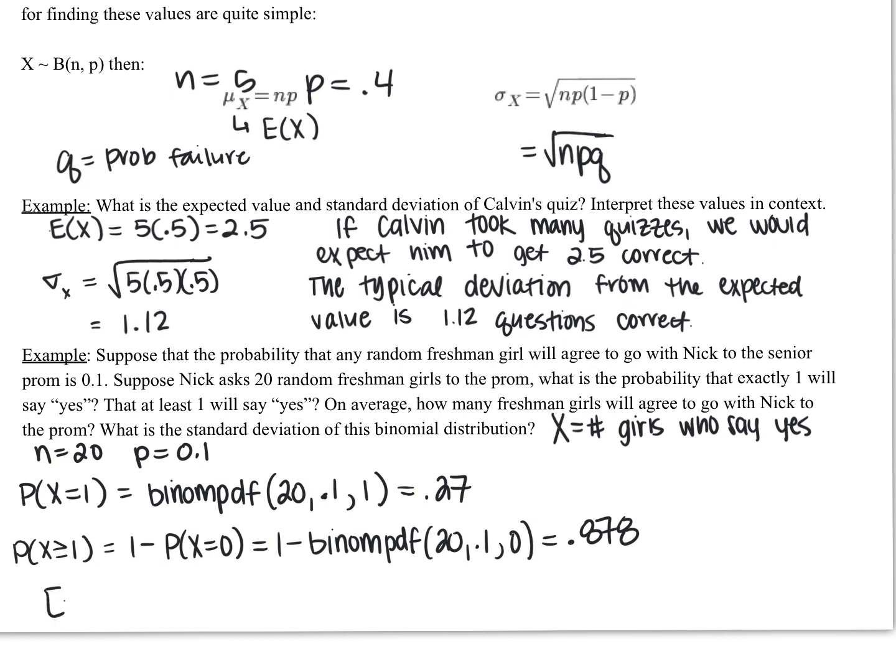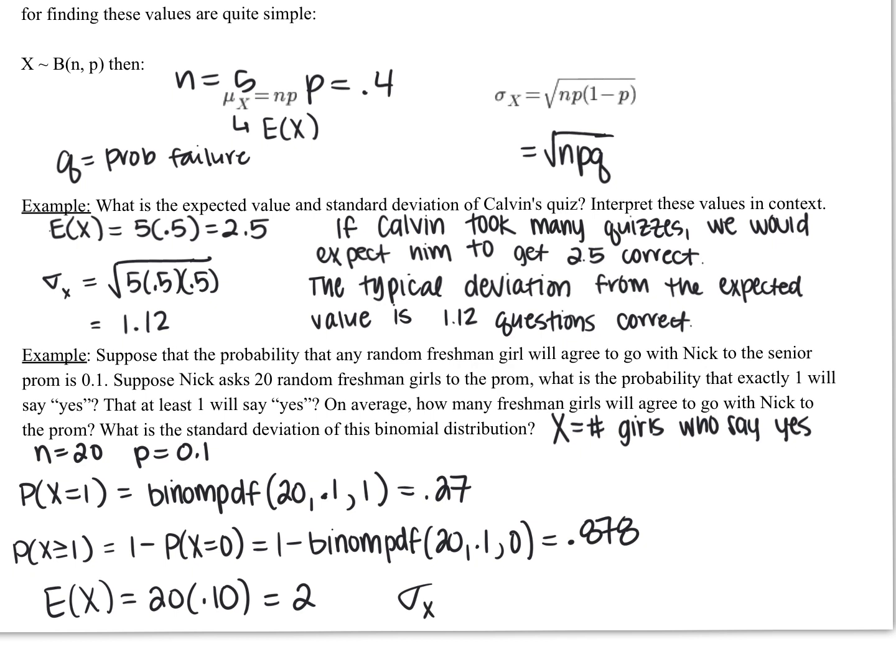If Nick were to ask groups of 20 girls multiple times, on average, how many would he expect to say yes? So that's 20 times 0.10, which is going to be 2. So on average, Nick can expect 2 girls to say yes to him.